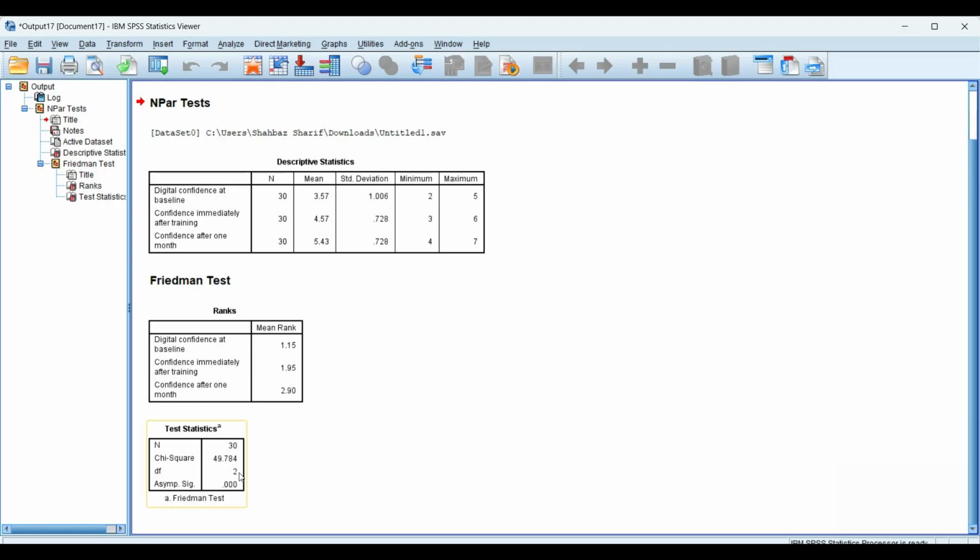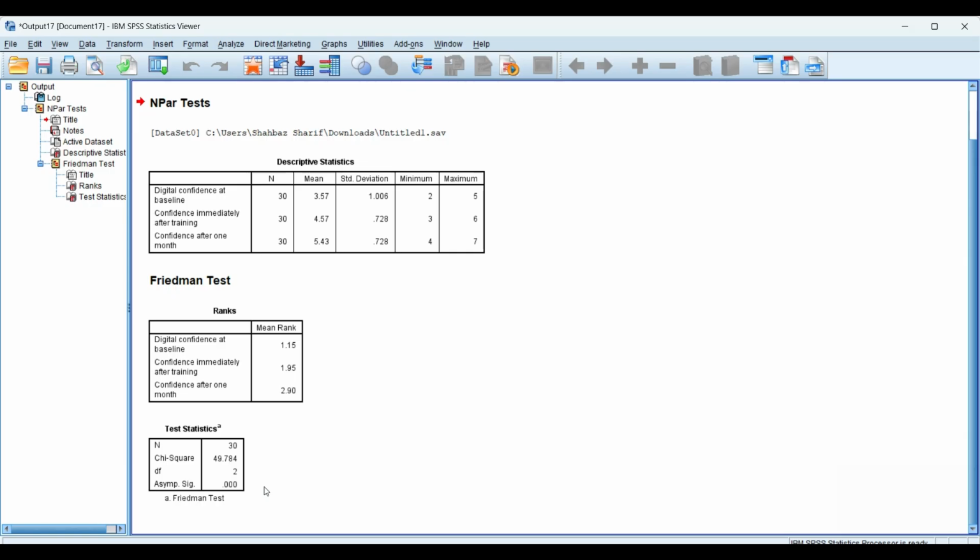So the Friedman test revealed a statistically significant difference in confidence across the three observations, because the chi-square with 2 degrees of freedom equals 49.784 and the p-value is less than 0.05. Therefore we reject the null hypothesis and conclude that digital confidence changed significantly over time.